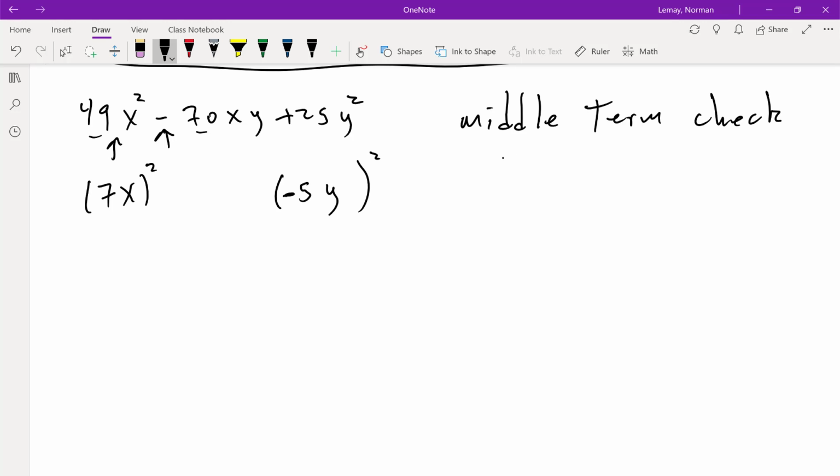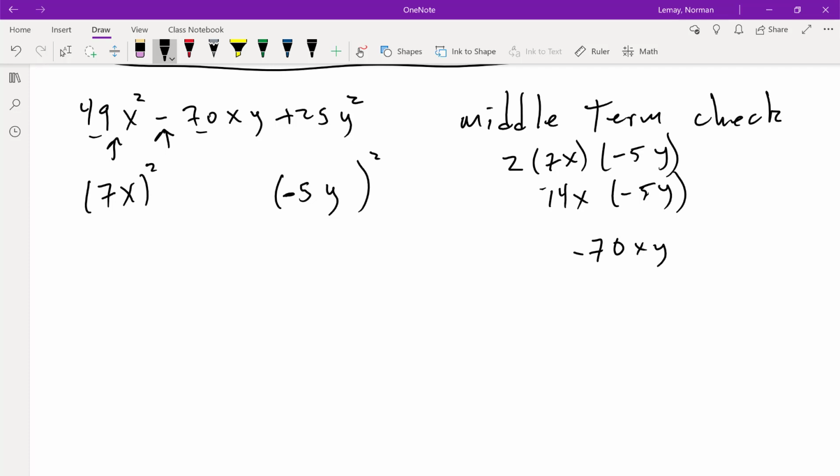So we go 2 times 7x times a negative 5y. Okay, so now I get 14x times a negative 5y. And again, 5 times 14 is 70. If you want, you can go ahead and throw your calculator in. And here we get an x and a y.